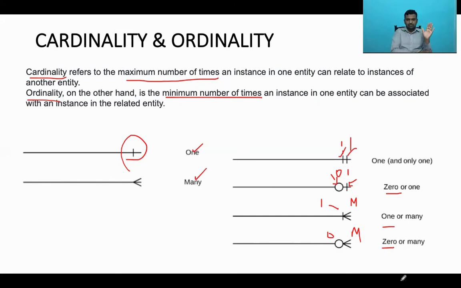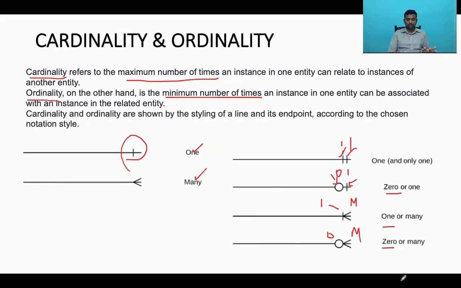So from 0 to many means your ordinality is 0 and cardinality is many. When I say 1 to 1, maximum 1, minimum 1, then your ordinality is 1 and cardinality is 1. It depends on how you require it and how you use it. So cardinality and ordinality are shown here.